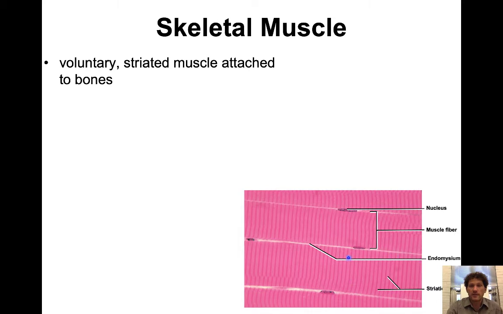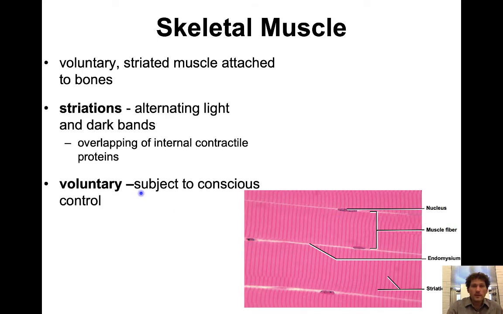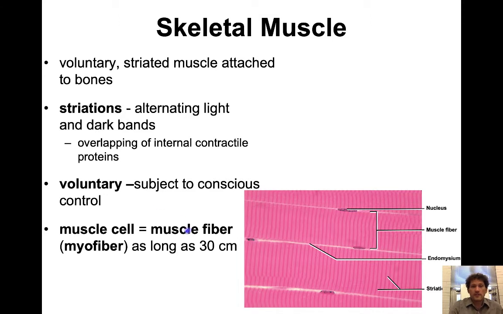There's their friendly endomysium separating those muscle fibers from each other, and those multiple nuclei. So basically that muscle fiber can be as long as 30 centimeters, so pretty long. And again, muscle cell and muscle fiber can be used synonymously here.